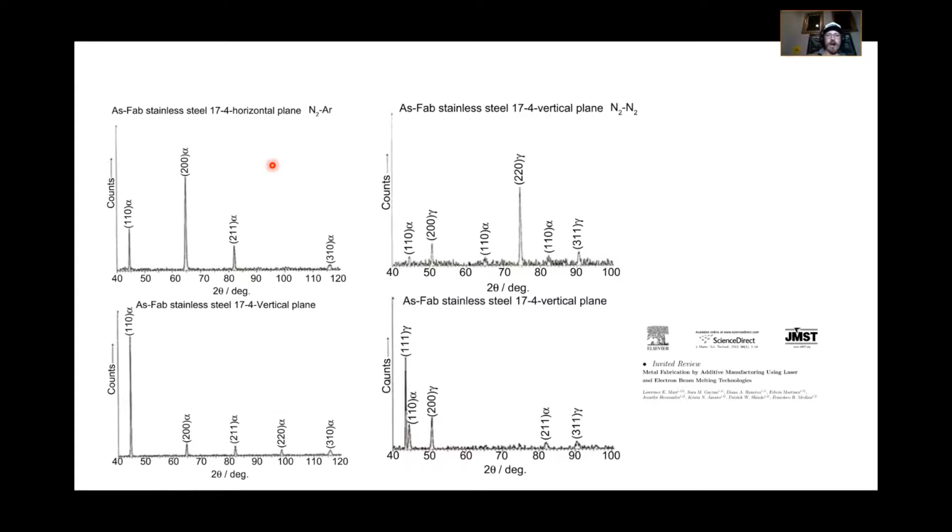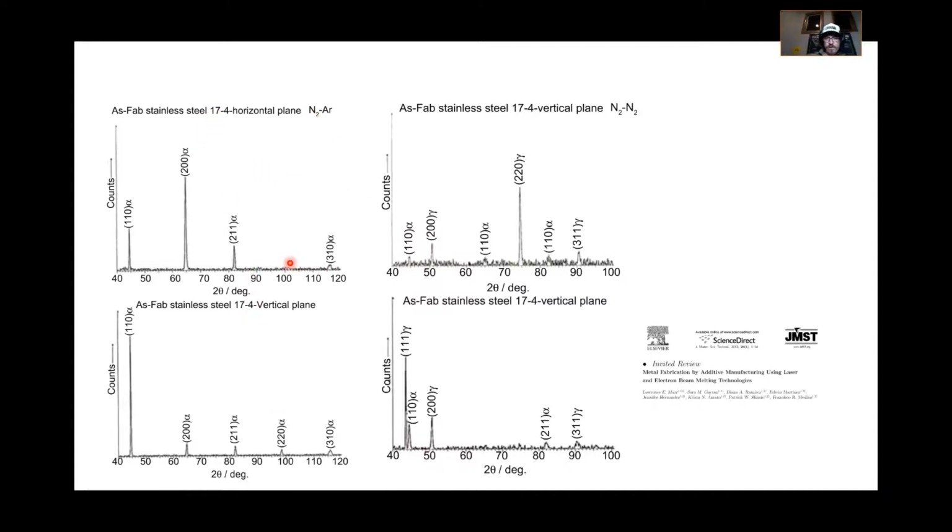So it's either argon or nitrogen, the two inert gases that are generally used. Electron beam melting takes place in a vacuum, so you don't need an inert gas to fabricate. You can cool it in inert gases, that's another story. So the powder was processed with nitrogen, but the build occurred in argon. Here, and this is both 17-4 stainless steel.